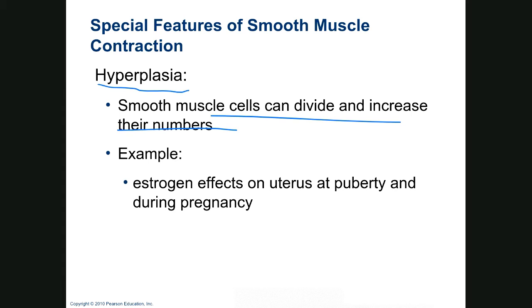Only smooth muscle can reproduce in numbers. If you get bigger muscle in skeletal muscle or cardiac muscle, it's only getting bigger. Each muscle cell is getting bigger. These are actually dividing. A good example, the uterus during pregnancy, obviously, it's much bigger.